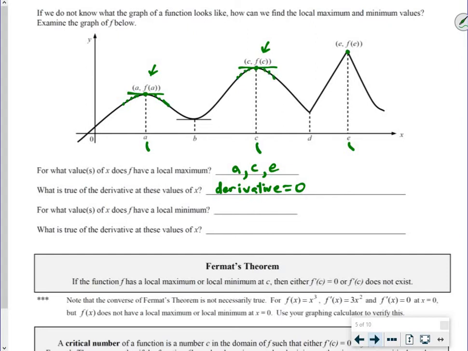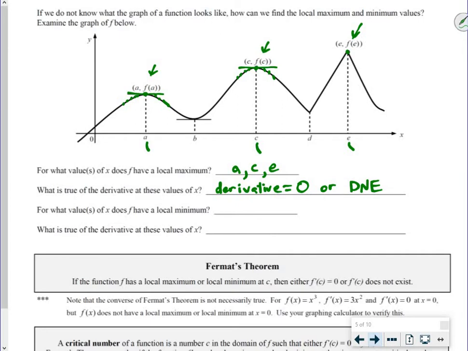And if we're going to transition from a positive to a negative slope, we need to hit 0 at that point where the peak happens. Okay. The other possibility, so for this one, because we have a kink or like a corner, the derivative doesn't exist. So it's either 0 or the derivative does not exist.